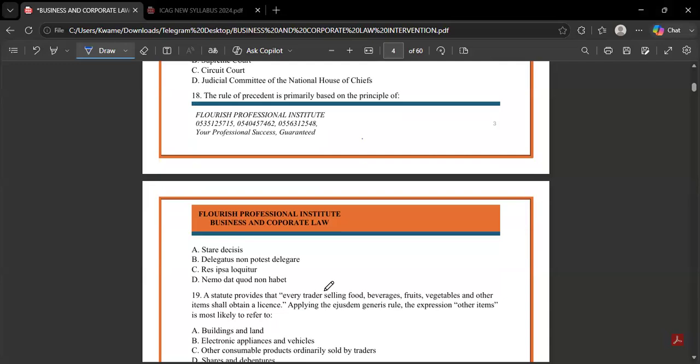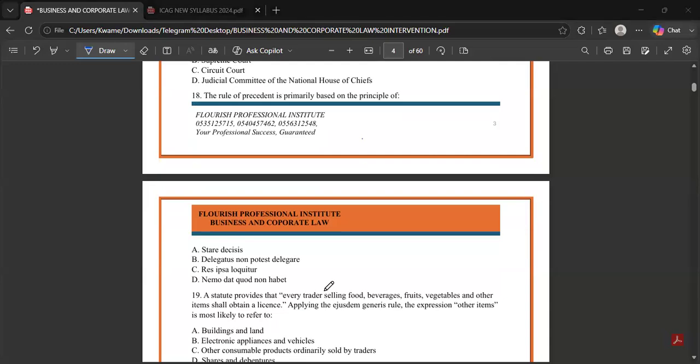D. Nemo dat quod non habet. A. Stare decisis. Why stare decisis? It stands by what has been decided.